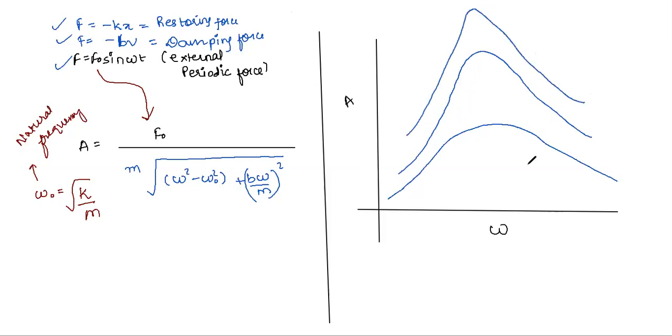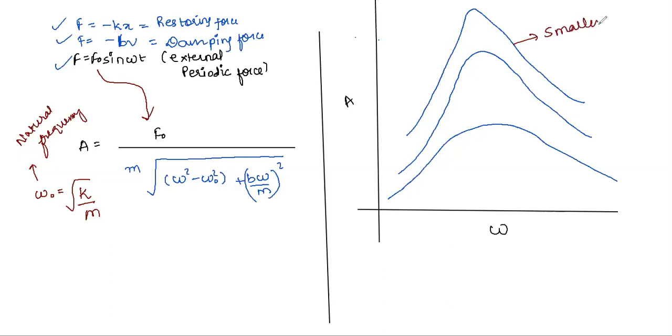Right? So this way you have three kinds of curves here. Out of which the first curve, where the amplitude is trying to become the maximum, is reaching a maximum point with omega. So we have three parts of it. This first one has the least damping.